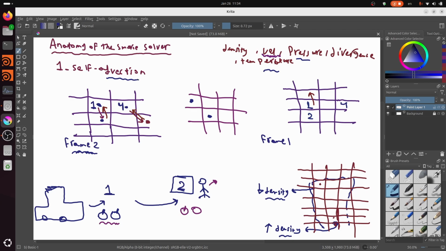This is called self-advection because we are advecting the velocity itself. And this is very intuitive. You are moving the velocity with the velocity because everything is moving, so we should move all of the fields, even the velocity itself. And this is going to be our first step.